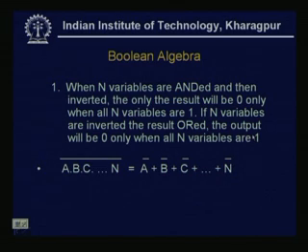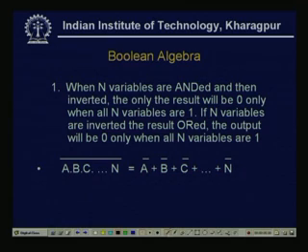What does it mean? See, if I write the expression, I am taking n variables a, b, c up to n. These are n such variables. Now, first they are ANDed. So, this dot means AND operation is being done.